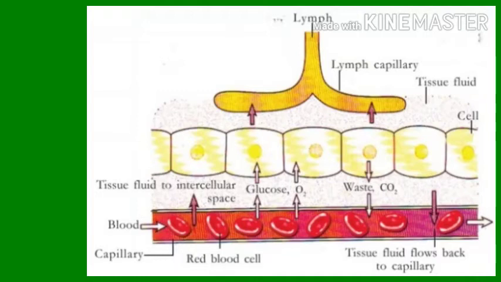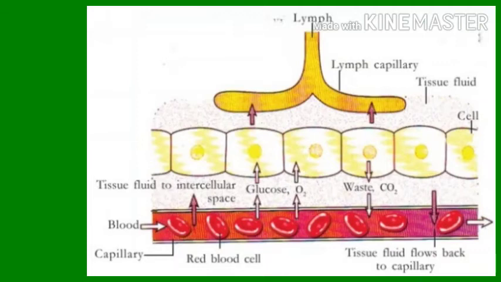Waste and carbon dioxide move by simple diffusion into the intercellular spaces. A part of the tissue fluid found in the intercellular spaces is absorbed by the lymph capillaries.